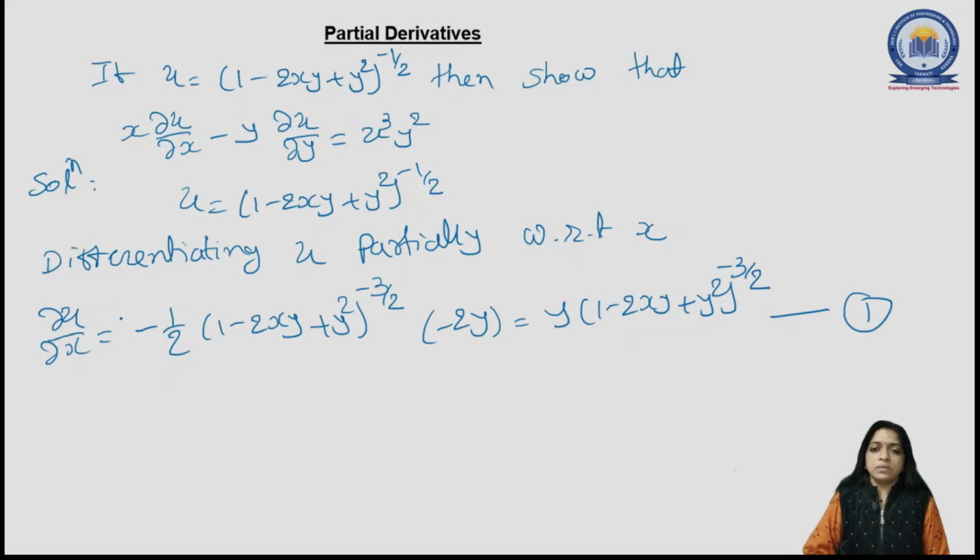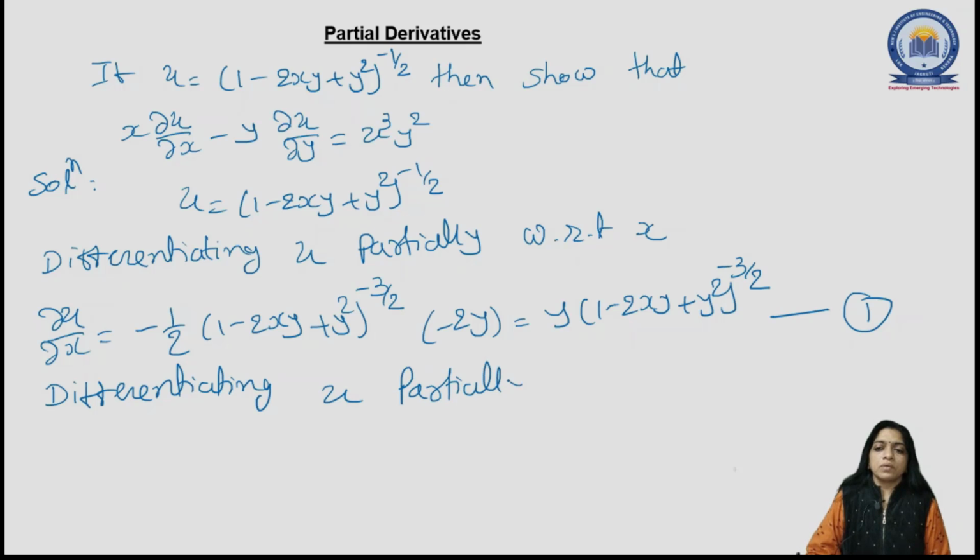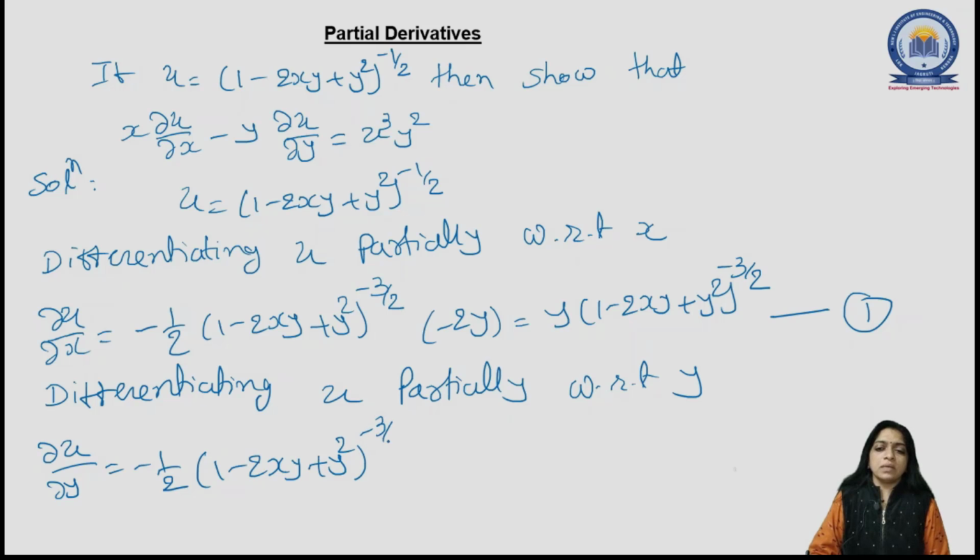This is equation 1. Now differentiating u partially with respect to y, that is del u by del y, is minus 1/2 (1 minus 2xy plus y square) raised to minus 3/2, and here minus 2x plus 2y.